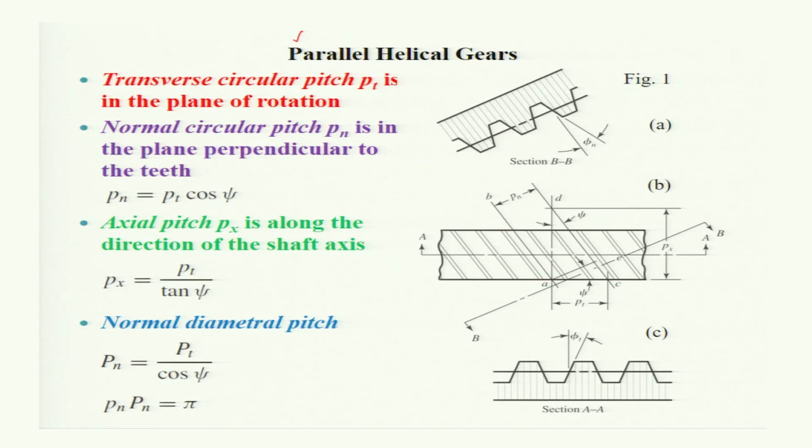When a section is taken along this, it is shown in this figure C. When a section is taken perpendicular to the teeth, this is the plane BB, which is perpendicular to the teeth, then that sectional view is shown here.